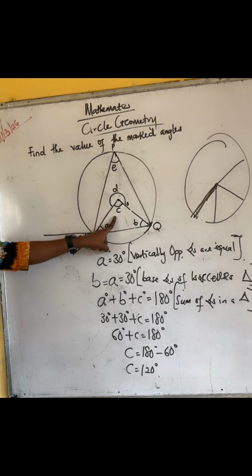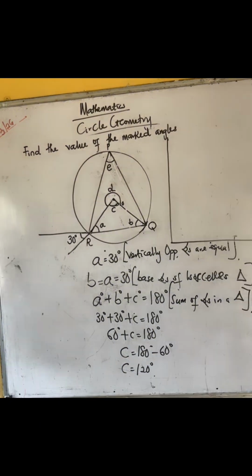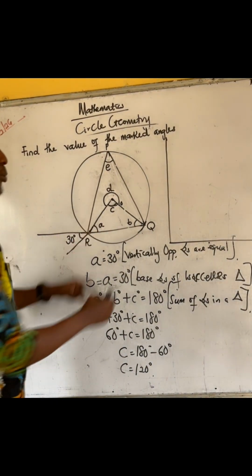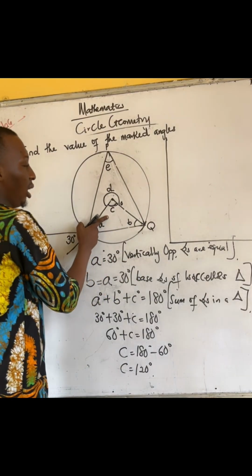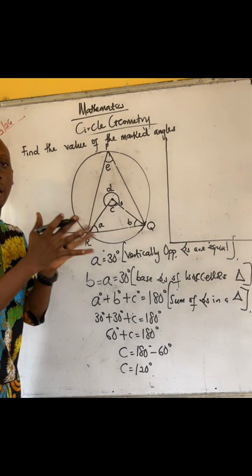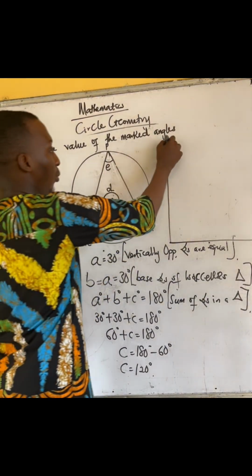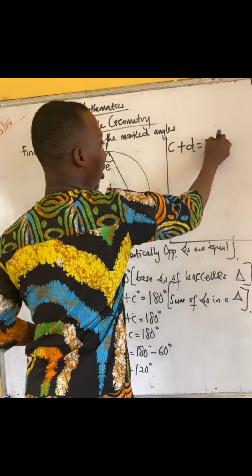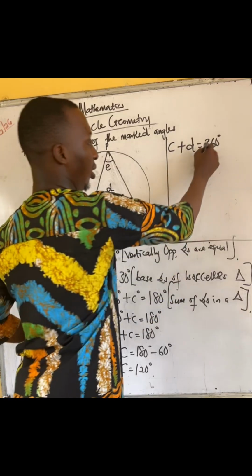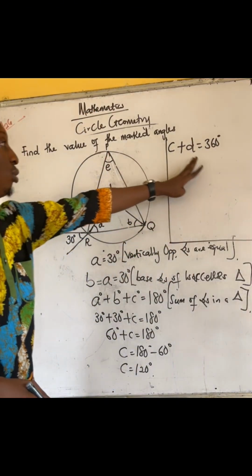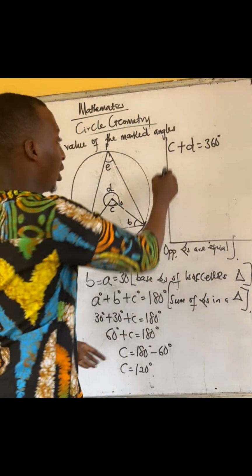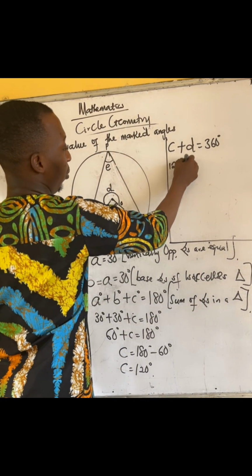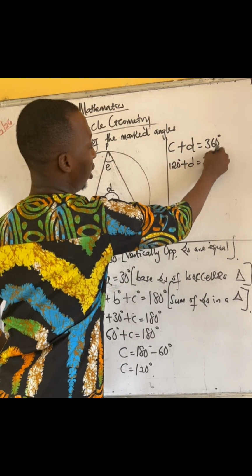I am left with angle D and angle E. Now that we have gotten angle C, we can equally get angle D, because I know angle C and angle D are angles at a point. And when you put angles at a point together, they sum up to 360 degrees. The reason must be introduced: angles at a point. So that angle C, which is 120, plus D is 360 degrees.